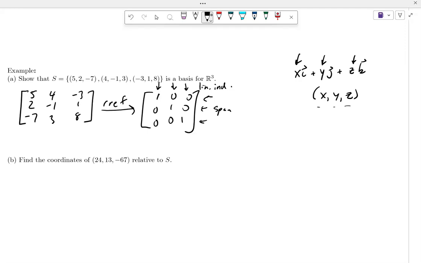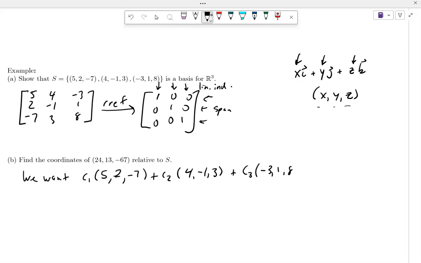Okay? So what we want to find is what we need to multiply the first vector by, what we need to multiply the second vector by, and what we need to multiply the third vector by to get the vector that's listed. Oops, I don't know where I got 16 from.